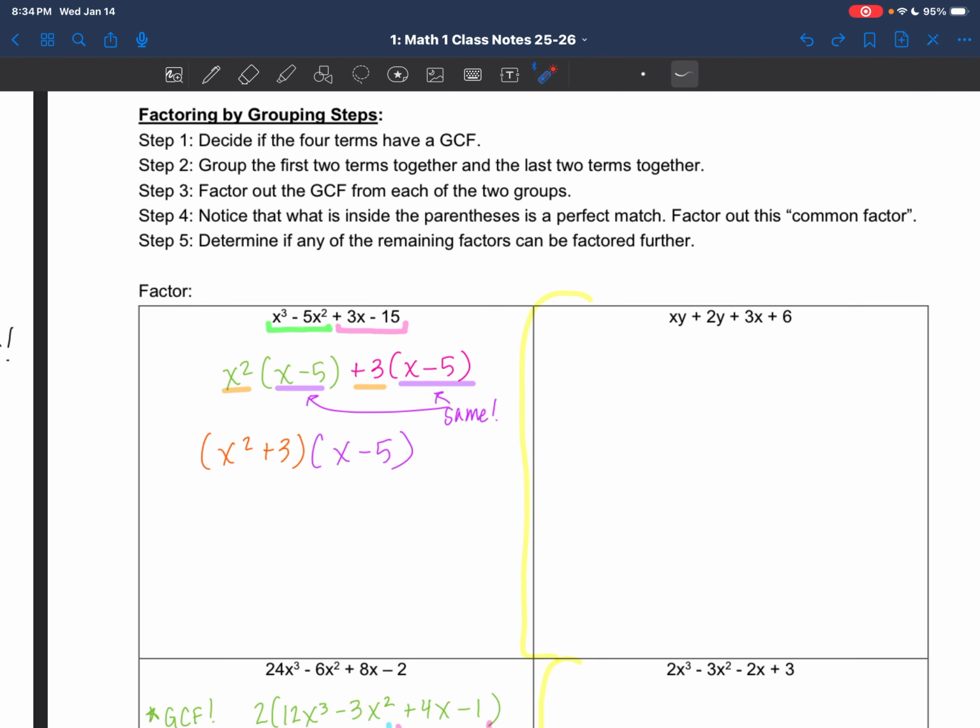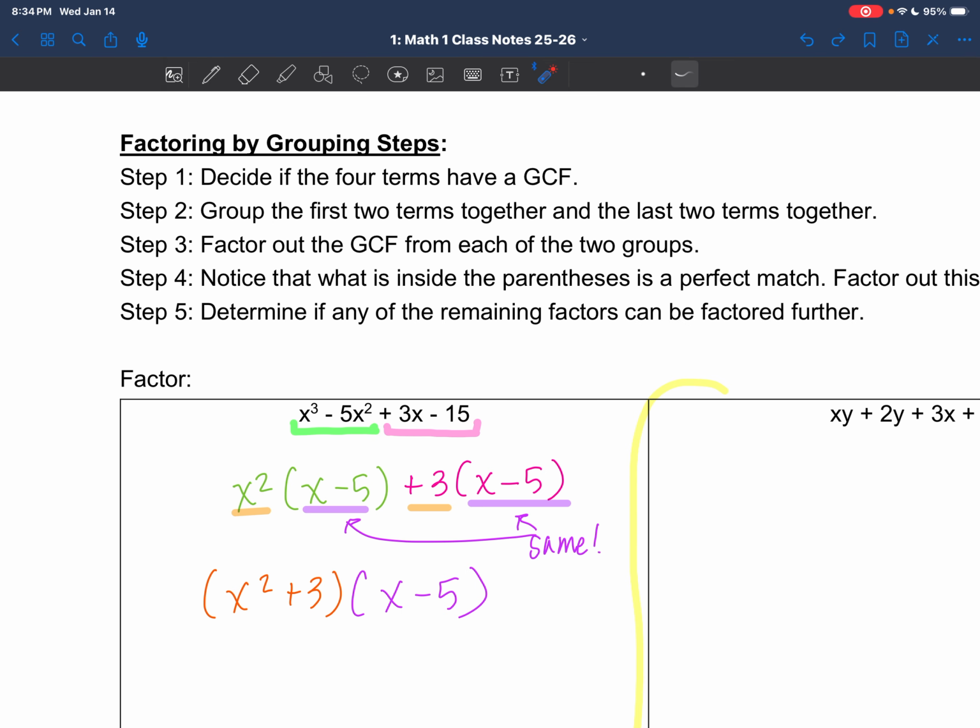And then now we're going to get to factoring by grouping. So you need to have 4 terms. If there's a GCF of those 4 terms, go ahead, take the GCF out. Then we're going to group the first 2 terms together, and then you're going to group the last 2 terms together.